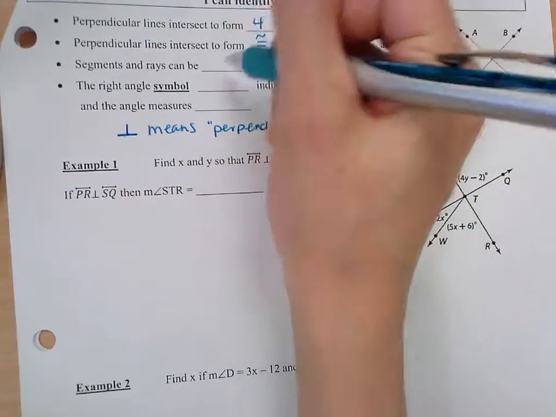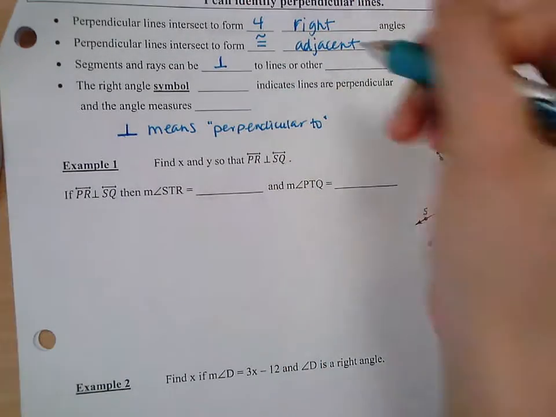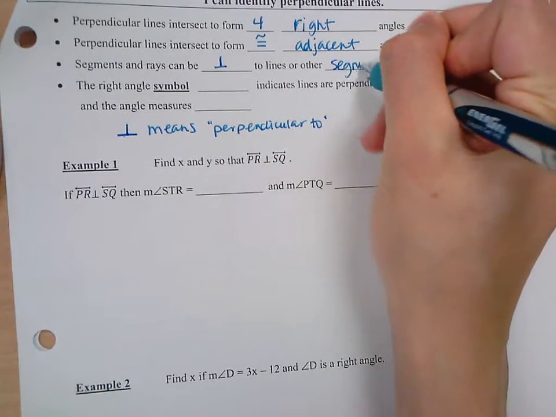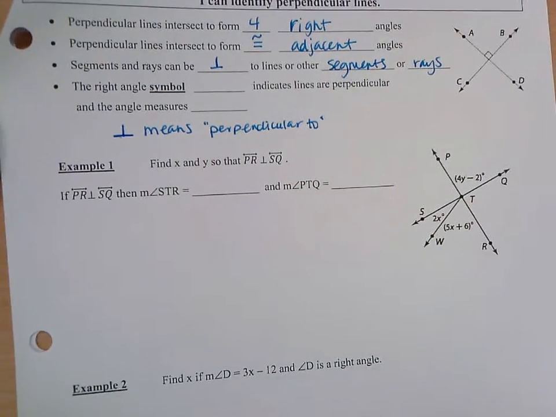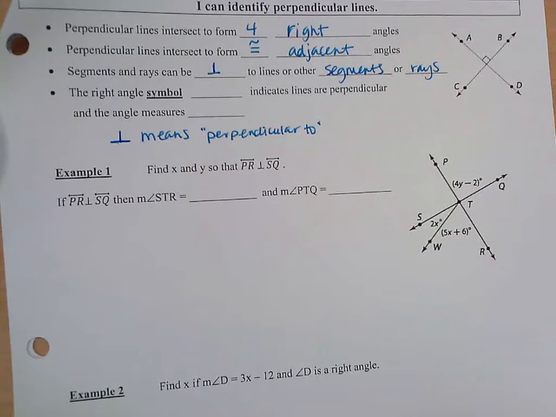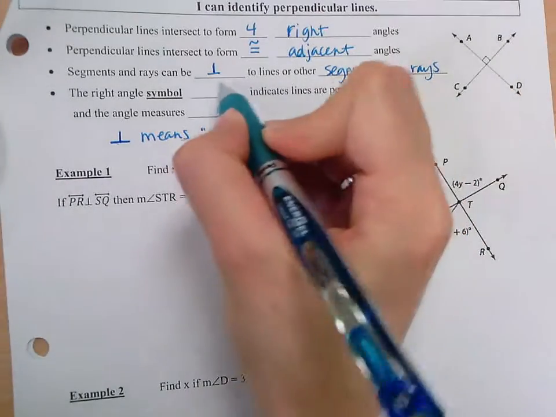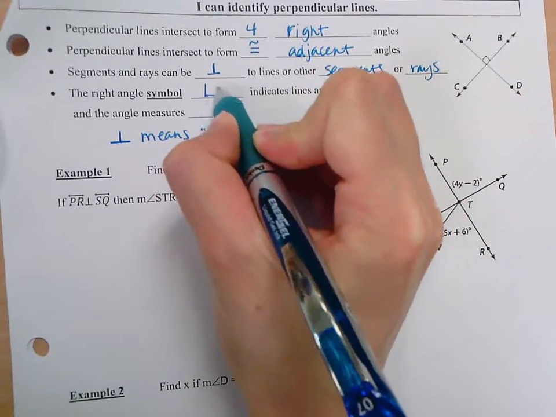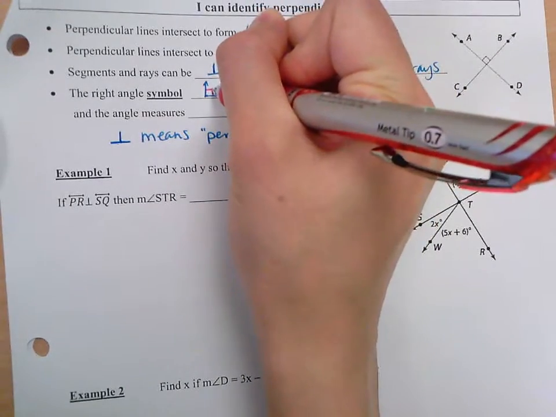So segments and rays can be perpendicular to lines or other segments or rays. And then the right angle symbol, so that's this box right here, that is what tells you it's 90.